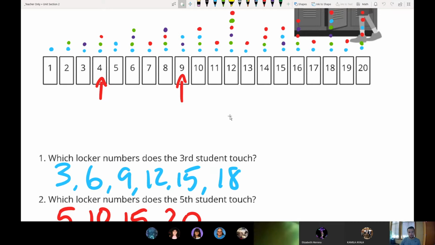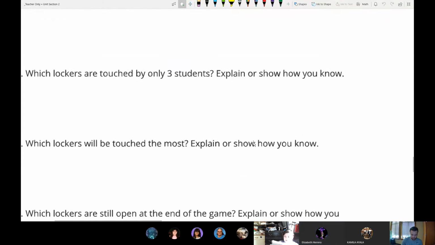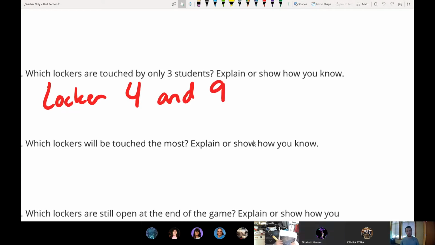Yep, 4 and 9. Any other ones? No, no other ones? Yeah, I agree. 4 and 9 are the only ones that were touched 3 times by students. Okay, so we can write 4 and 9 down for problem number 5. Which lockers are touched by only 3 students? Locker 4 and 9. Okay. Yeah.